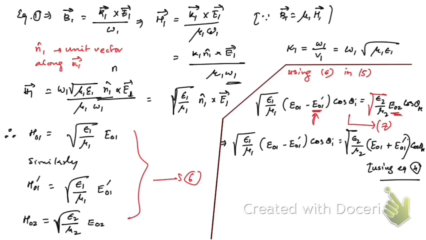It is nothing but n1 E1 sine 90, because E1 is perpendicular to the direction of propagation of the wave, and n1 cap is the unit vector along k1. So the angle between them is 90, and sine 90 is 1.